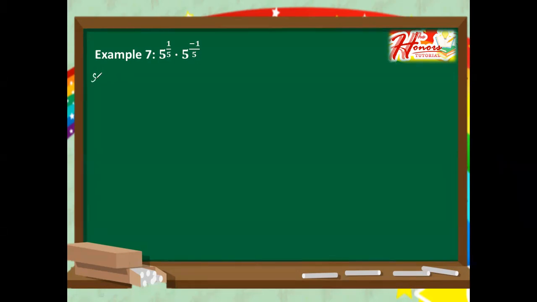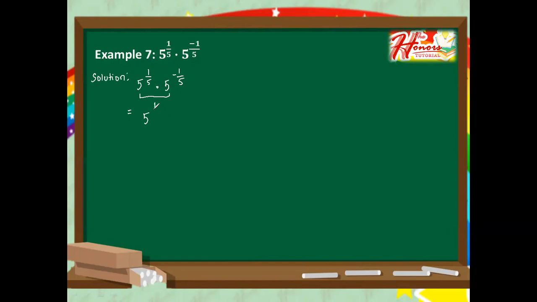Let's have our solution here. Copy the given. So that is 5 raised to 1 over 5 times 5 raised to negative 1 over 5. Same base, therefore copy the base. So we have here 5. And then add the exponents.